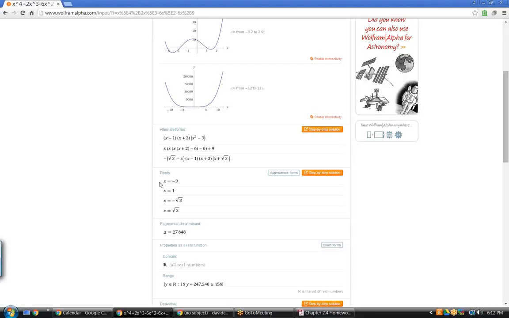So if I look at the graph, how many zeros are there? 2, everywhere it crosses the x-axis. Oh, 1, 2, 3, 4. 4, and this shows 4 also. 2 of them are rational, and 2 of them are irrational. But irrational doesn't mean crazy. It just means it's on the real number line. It just means we can't represent it by a fraction.